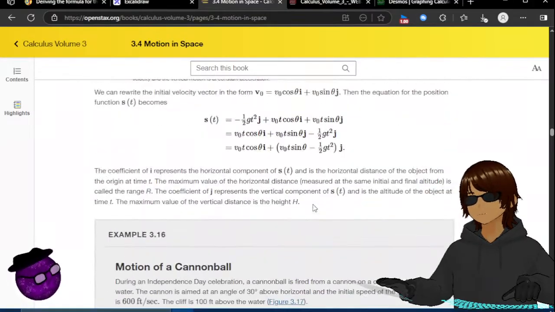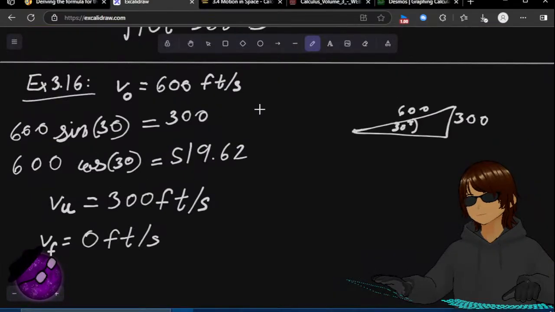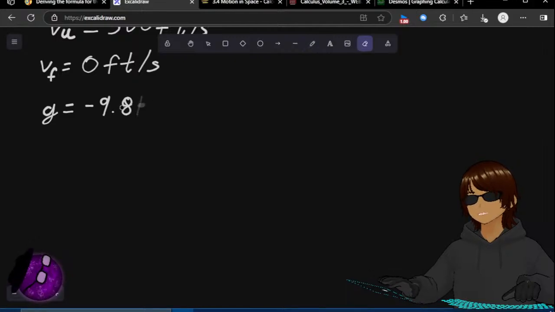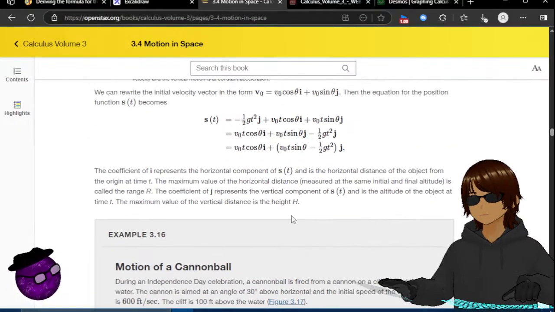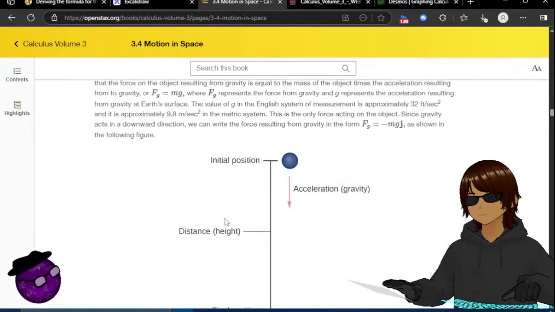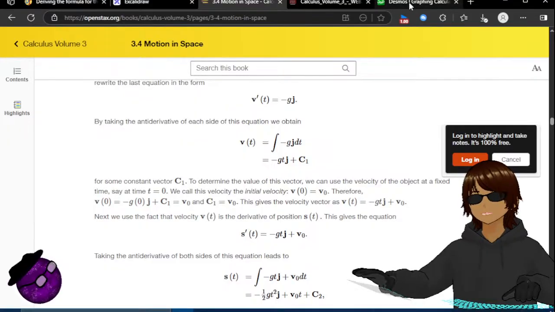But we don't know the time though. What we do know is that G is minus 9.81. Wait, it's not minus 9.81. That's meters per second square. What is G like in feet? Hold on, let me check this online.